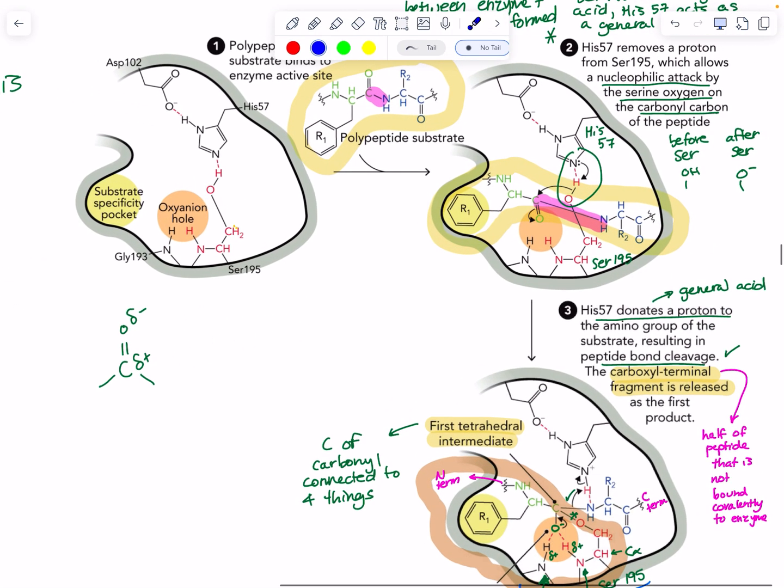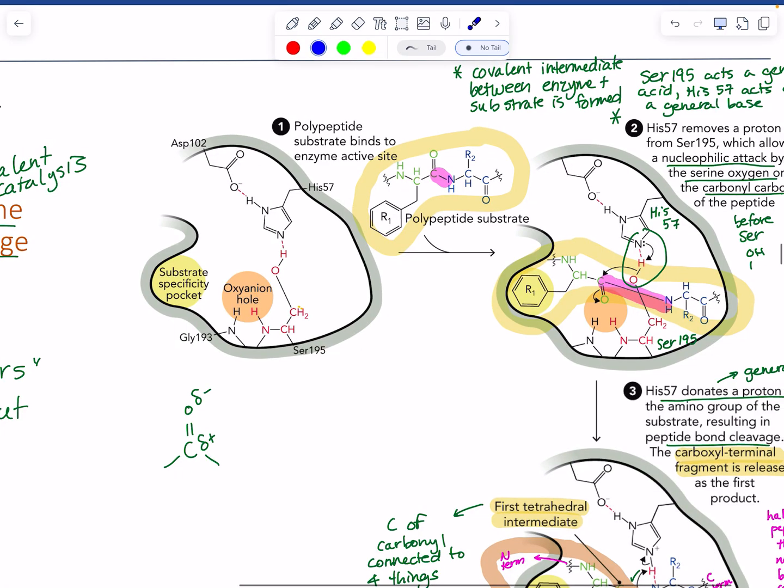So if we look at the histidine, it started out deprotonated, it got protonated, and then it donated that proton back. So our histidine is in its correct protonation state to do its job over again. The aspartic acid, remember, its only job is to position the histidine 57 in the active site, pointing in the direction it needs to go.